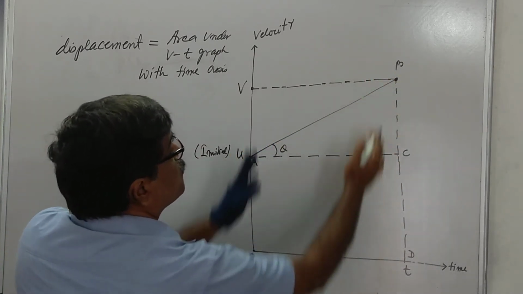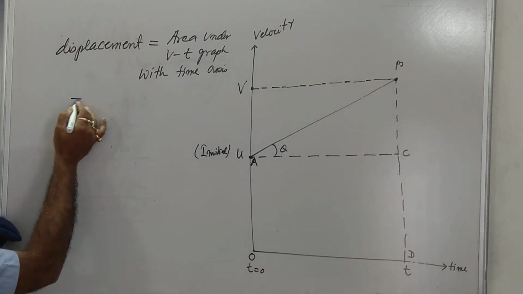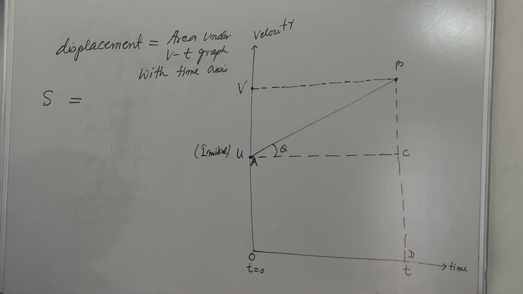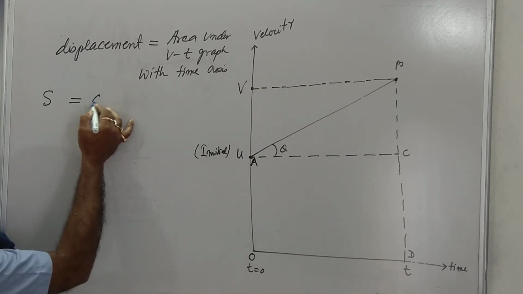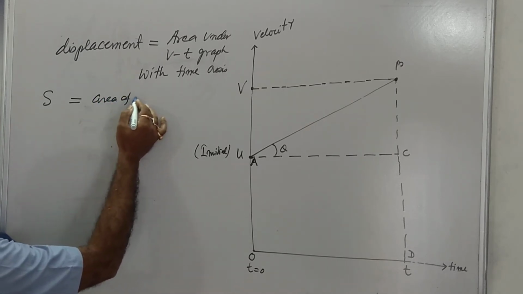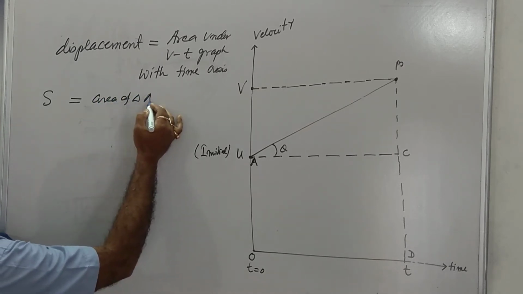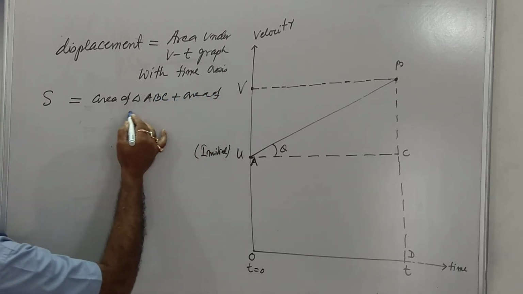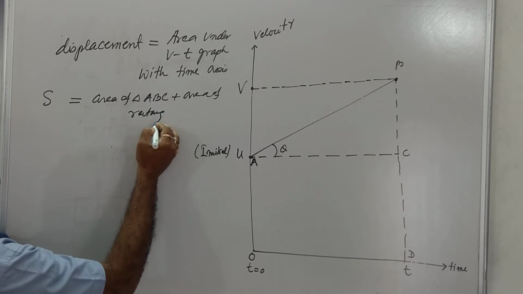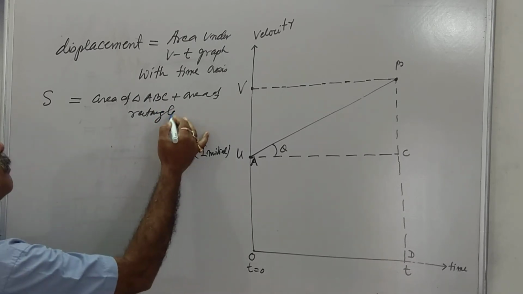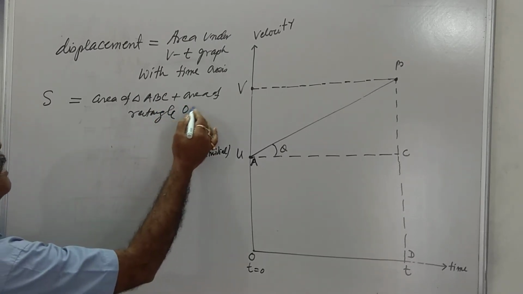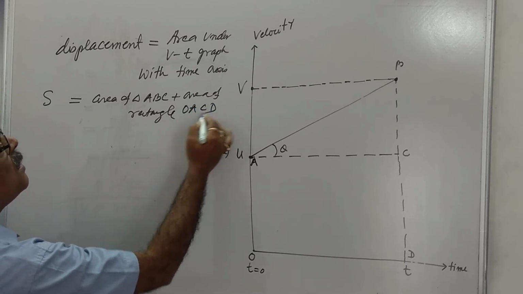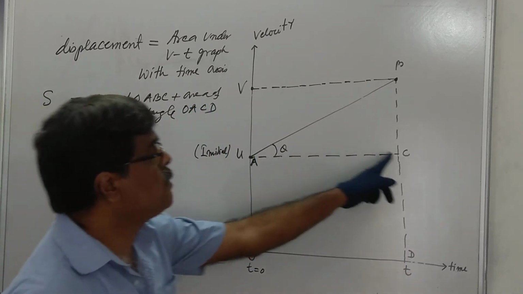So this is the area, the full area. So what is the meaning? Displacement is the area of triangle ABC plus the area of rectangle OACD.